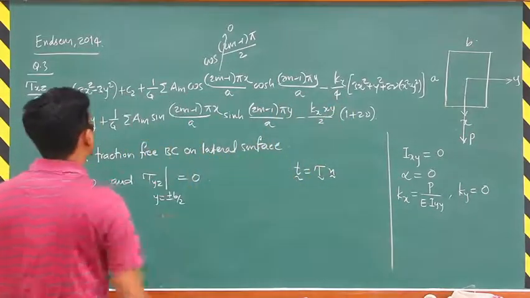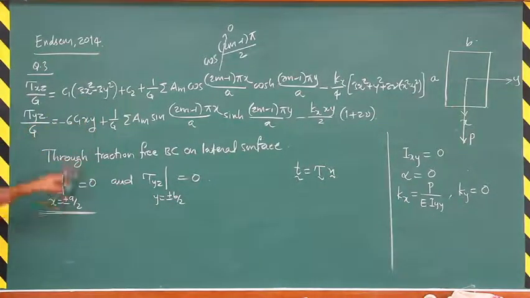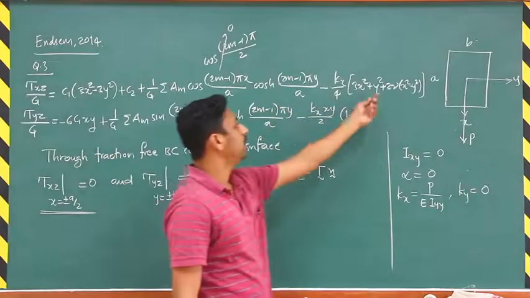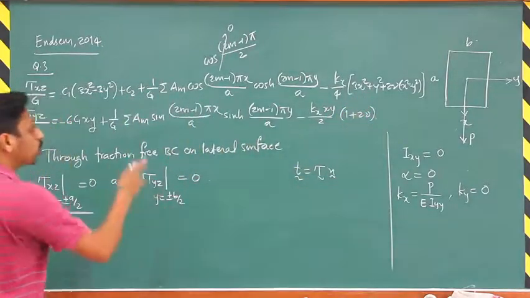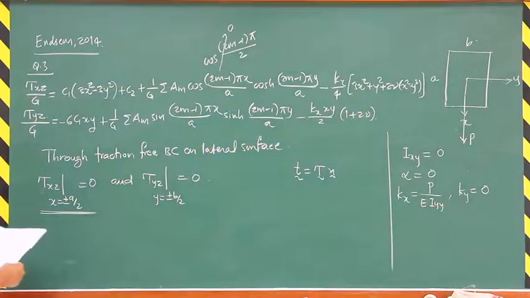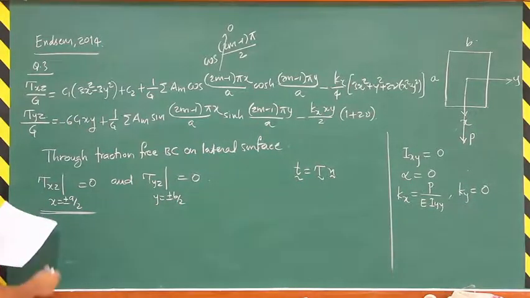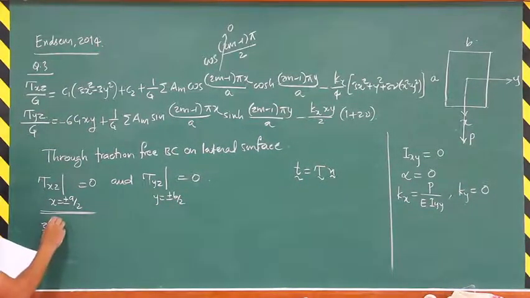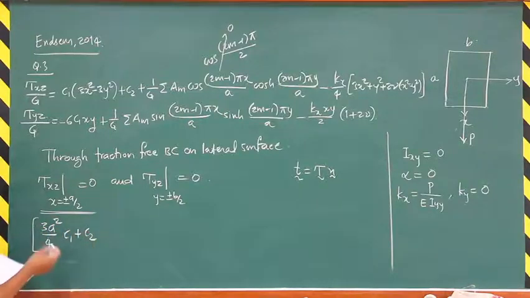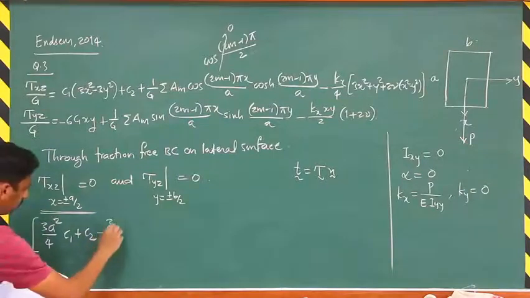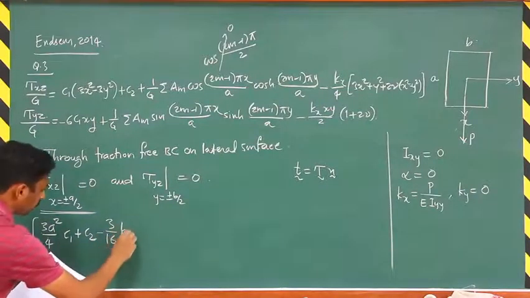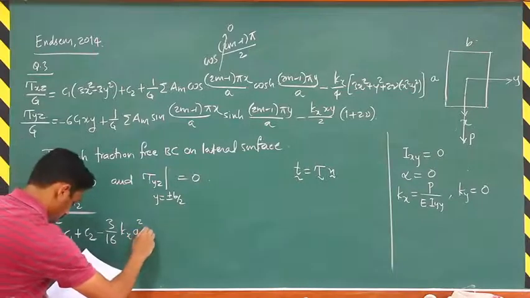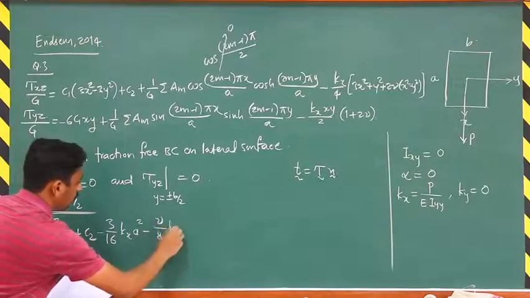If you see it carefully, we are putting x equal to plus minus a by 2. So the expression through this boundary condition will involve certain constants and a y square term. We will write these constants and y square terms separately. It will give us 3a square by 4 times (c1 plus c2), the constant terms, minus 3 by 16 kx square minus mu by 8 kx square.